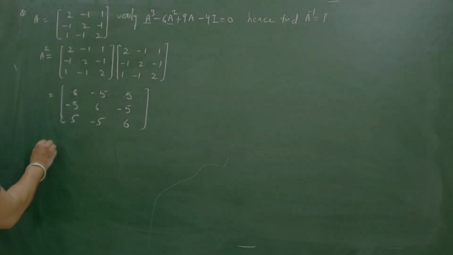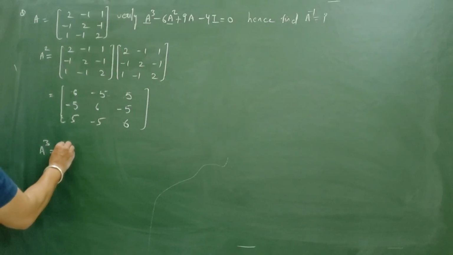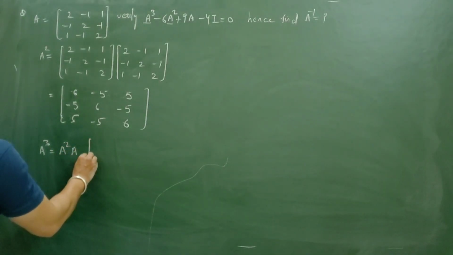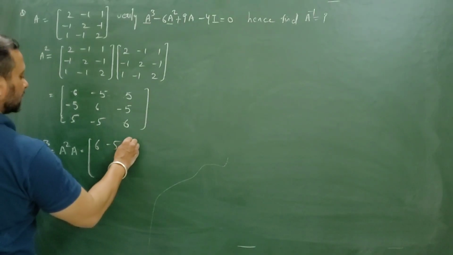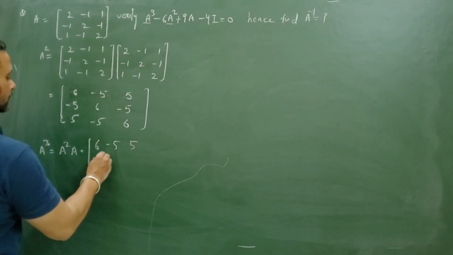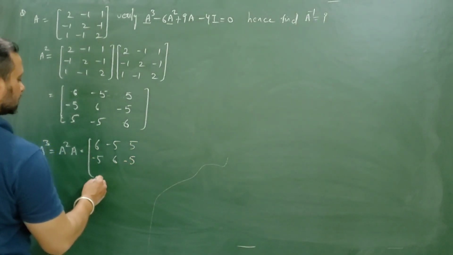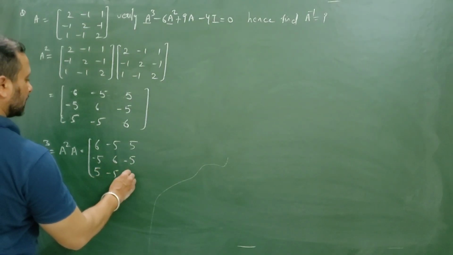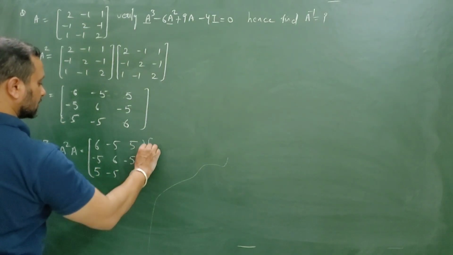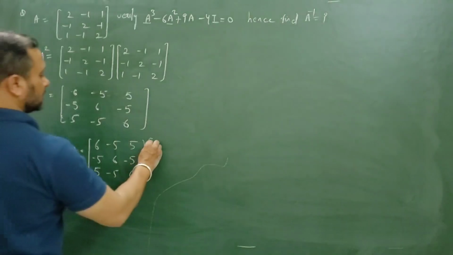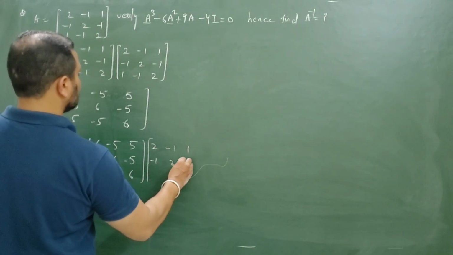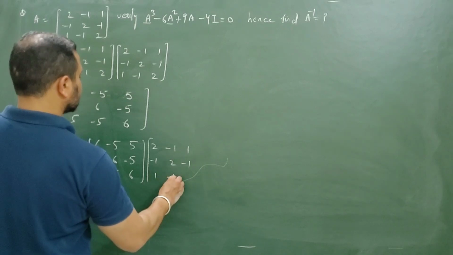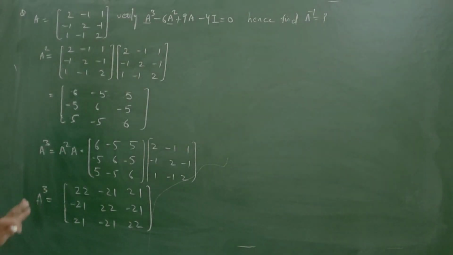Next we need the value of A cube, which is A square multiplied by A. The A square matrix is 6, minus 5, 5, minus 5, 6, minus 5, 5, minus 5, 6, and the matrix A is 2, minus 1, 1, minus 1, 2, minus 1, 1, minus 1, 2. So this becomes the value of A cube.